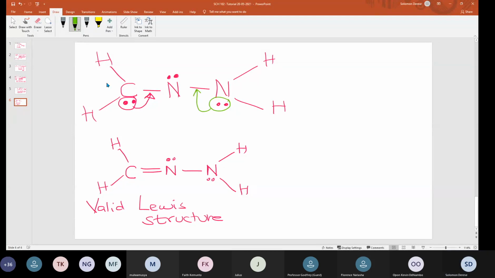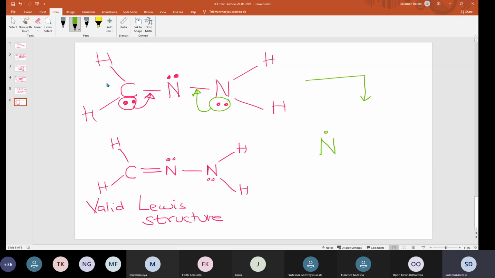Now let us look at what structure we get, and then we evaluate the 2 structures. First let me concentrate on the nitrogen here.